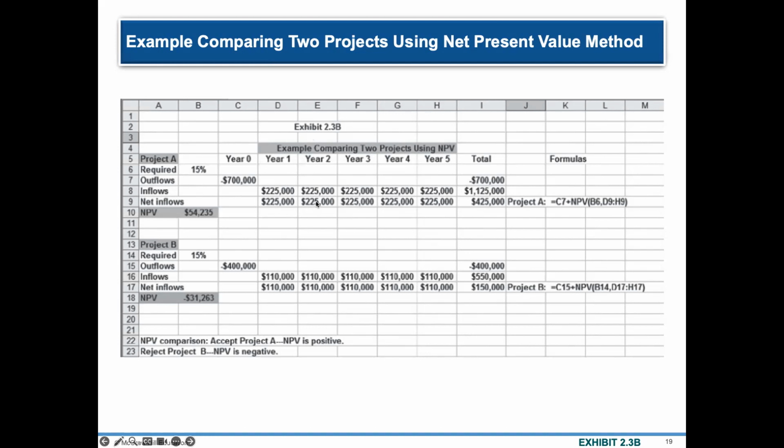And then for year 2, this is also 225,000 divided by 1.15 squared. For year 3, it's going to be 225,000 divided by 1.15 raised to 3, so on and so forth. What happens here is you account for the current value of the money that's going to be earned for you during that period.